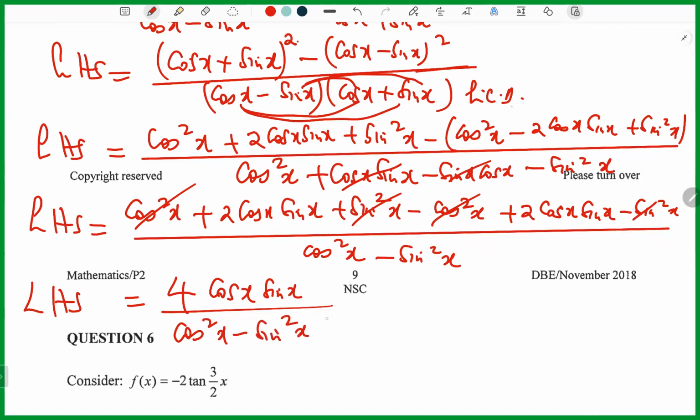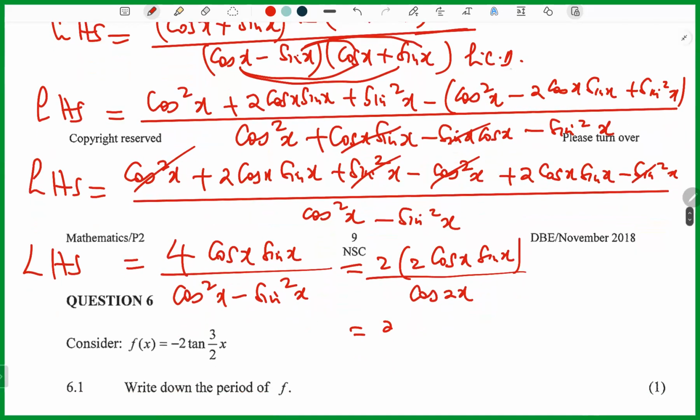And what is all this? 4 is the same as 2 times 2, so we have 2 times 2 sine x cosine x divided by cosine squared x minus sine squared x, which is the double angle formula for cosine 2x. 2 sine x cosine x is sine 2x, divided by cosine 2x.